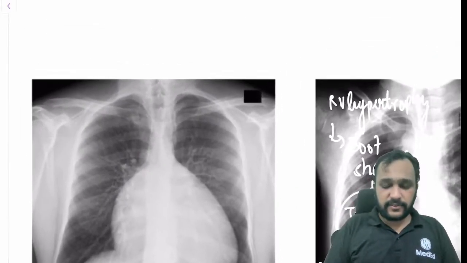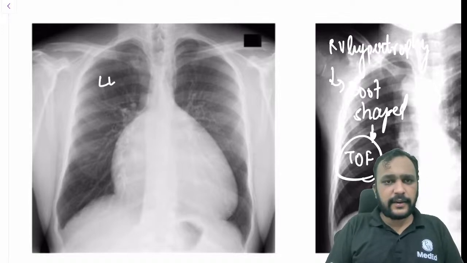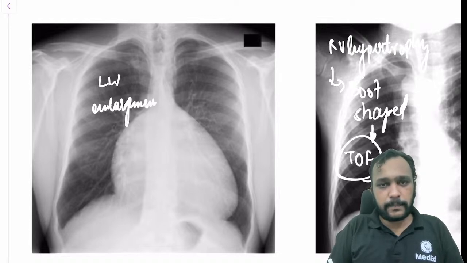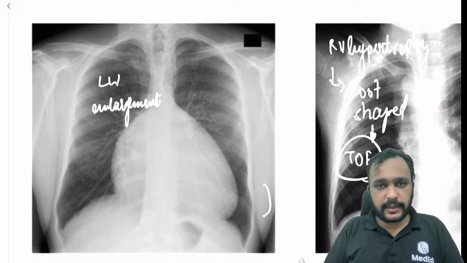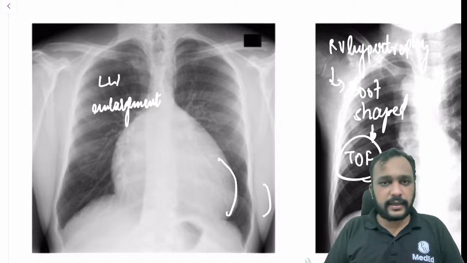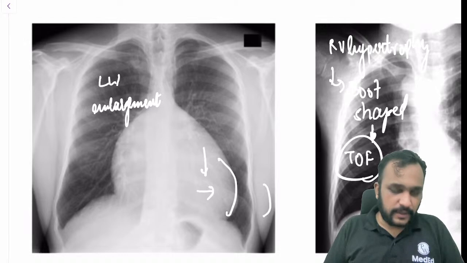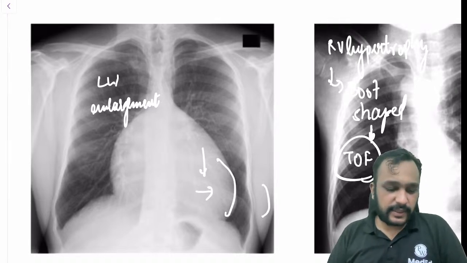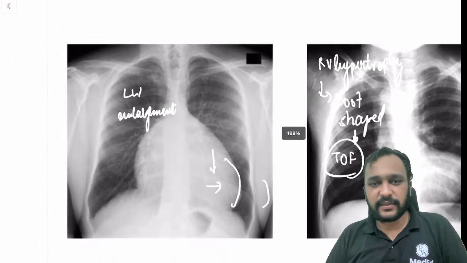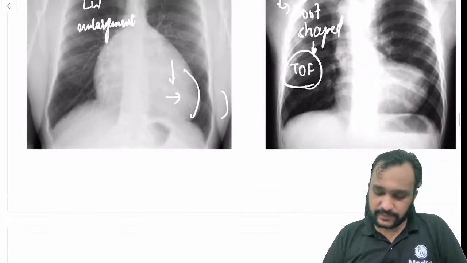And in left ventricular enlargement, what will you see? You will see that the apex of the heart is shifted downwards and it is shifted laterally. So this is the finding that you are going to get in left ventricular enlargement, right?